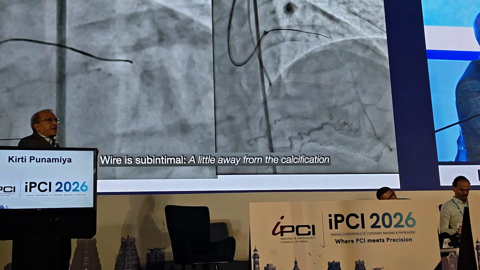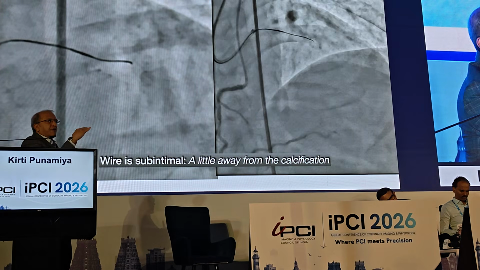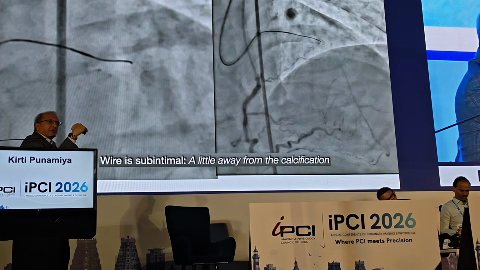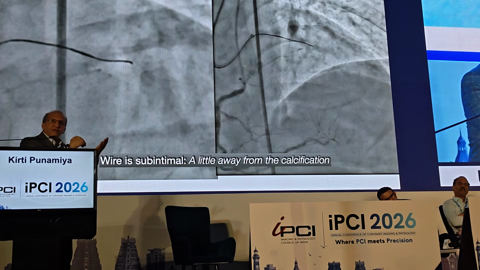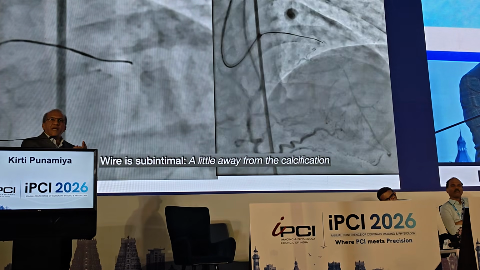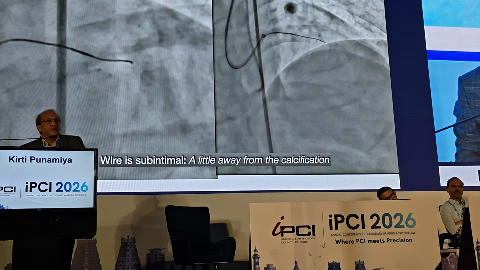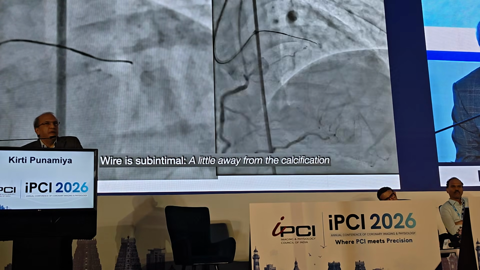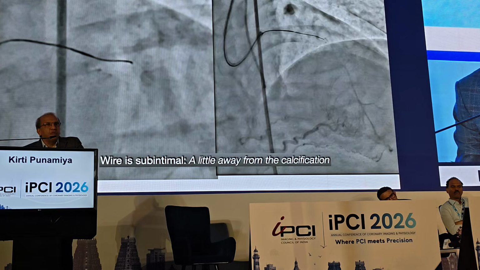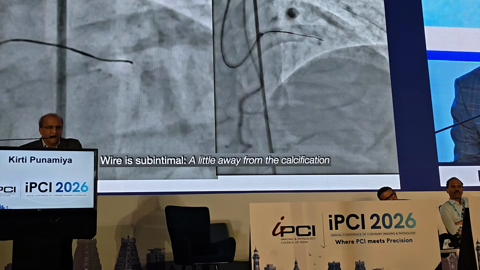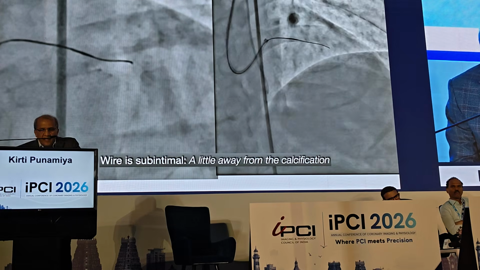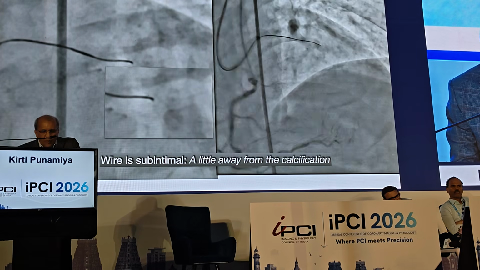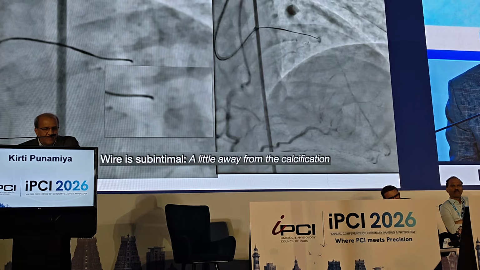So if you know that you're in an RAO cranial view, you can actually take your CT there, do a cross section, and you know whether your lumen is south, north, posterior, anterior of that calcium plane. This helps you navigate the wire truly to the true lumen in most times. So here we knew that we are subintimal, and then let us look at how we changed this navigation.